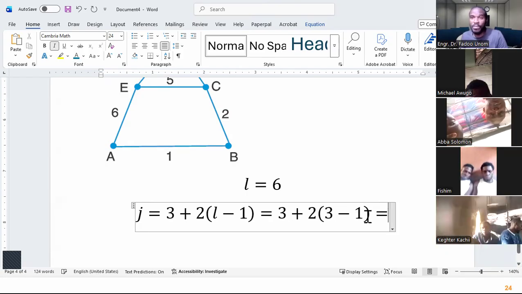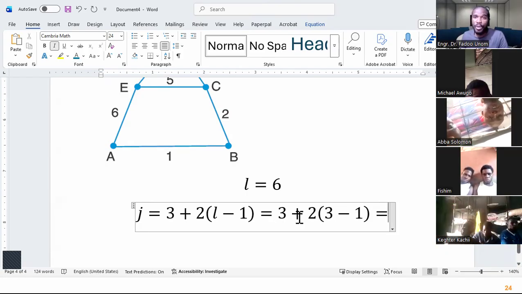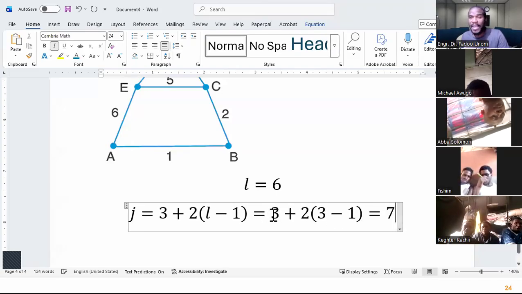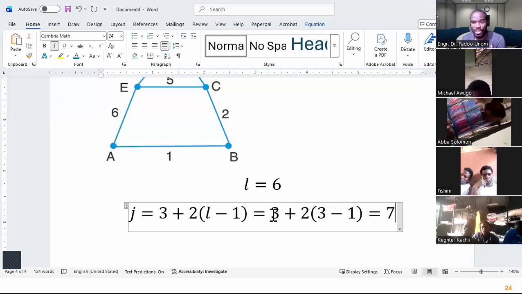So this becomes 3 plus 2 times 2, because 3 minus 1 is 2. 2 times 2 is 4. 4 plus 3 is 7. So in this arrangement, there are 7 binary joints.